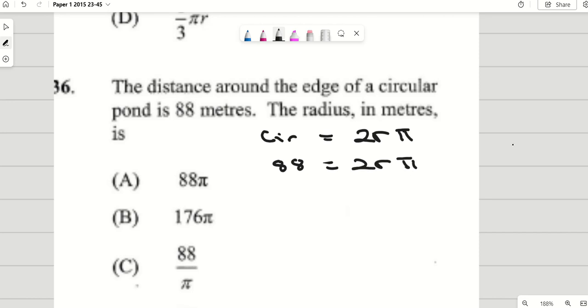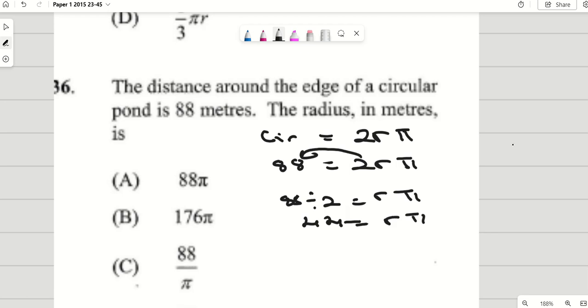We want the radius in meters. So we want r by itself basically. So first carry across 2. So that's 88 divided by 2 is equal to r by pi. That's 44 is equal to r by pi.